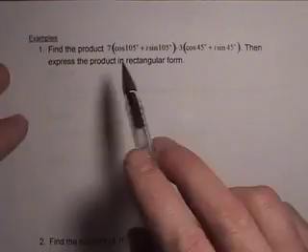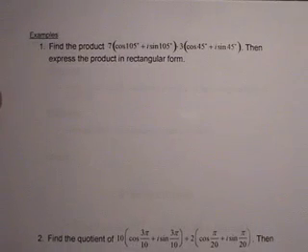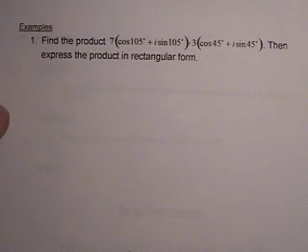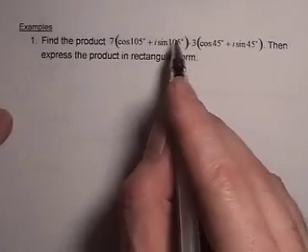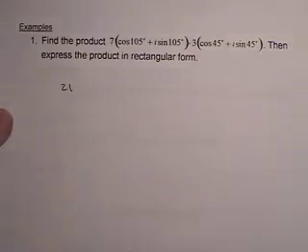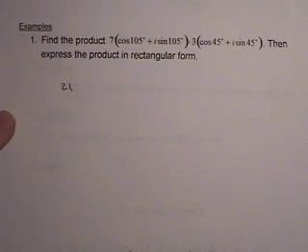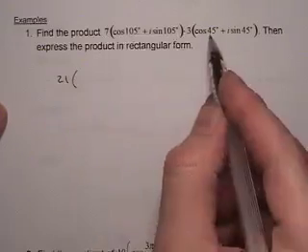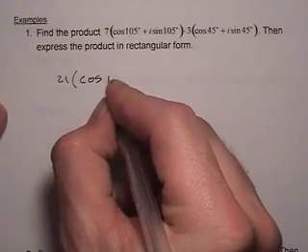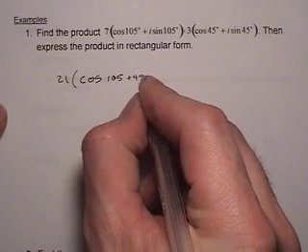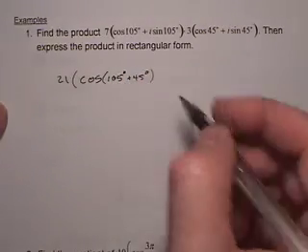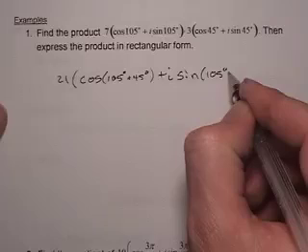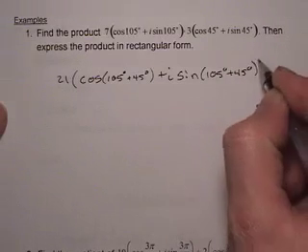So let's find the product of 7 times cosine 105 plus i sine 105, and then times 3 cosine 45 plus i sine 45. Well, for the product, multiply the two radii, so I get 21. Then we just add the angles. So 21 cosine of 105 plus 45, plus i sine of 105 plus 45.